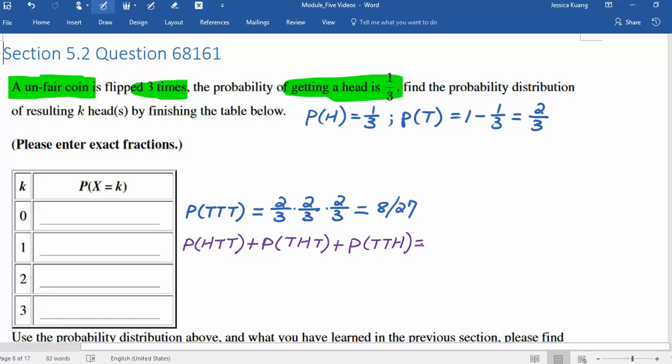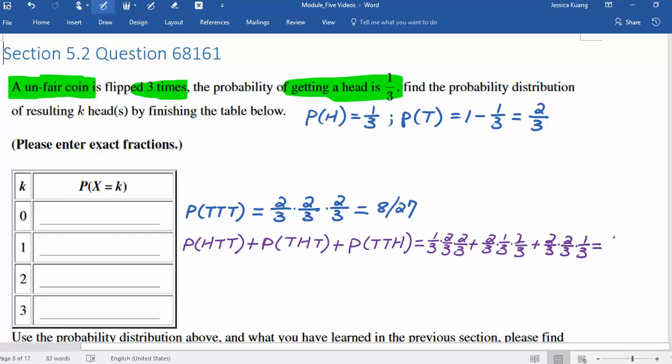So 3 different scenarios, and that's why I sum. Let's see if I could squeeze everything in one line. The probability of getting a head is 1/3, and then the probability of getting a tail is 2/3, 2/3. Now the next one, I want a tail, a head, and a tail, plus the probability of getting a tail, and getting a head.